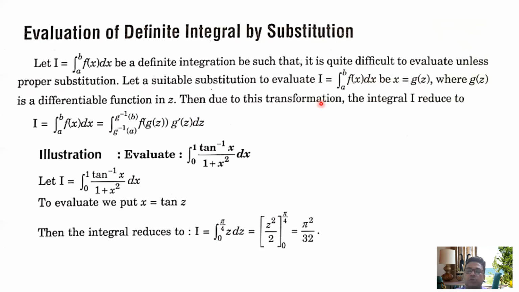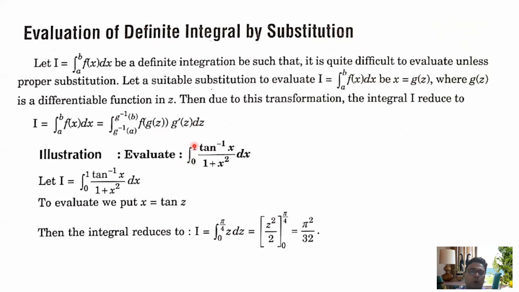Then due to this transformation, the integral I reduces to the integral from g inverse a to g inverse b of f(g(z)) g'(z) dz. Already you know from class 11-12 how to solve a definite integral by substitution method. Let's try to understand with some example.